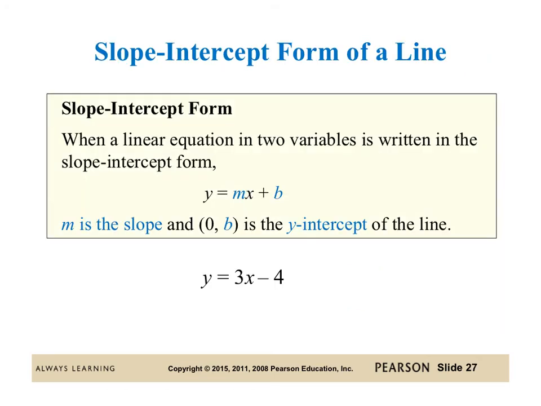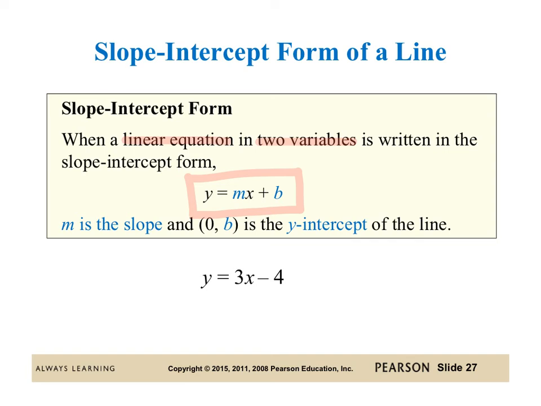And that leads us to a useful form of a linear equation, which is called the slope-intercept form. It is still a linear equation, which means it'll be a straight line. We will still have two variables, x and y. But in the slope-intercept form, we have y equals the slope times x plus a constant b.